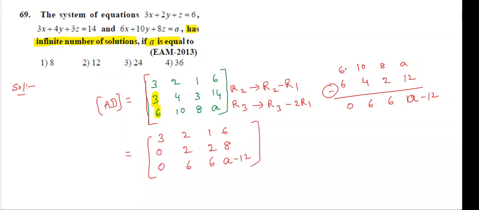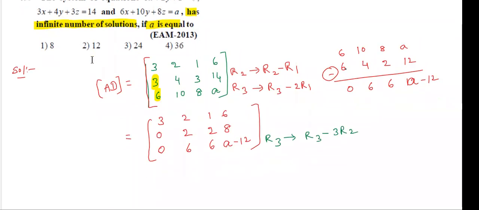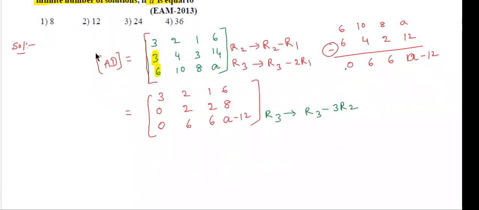Next, do one more operation here. R3 minus 3R2. Don't use R1 again, you will get the number. So 3, 2, 1, 6, 0, 2, 2, 8.